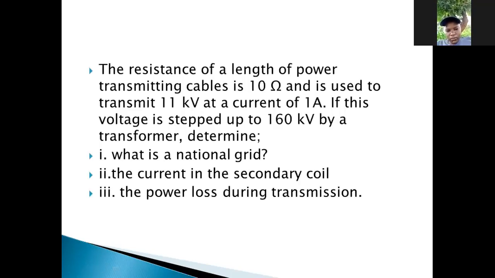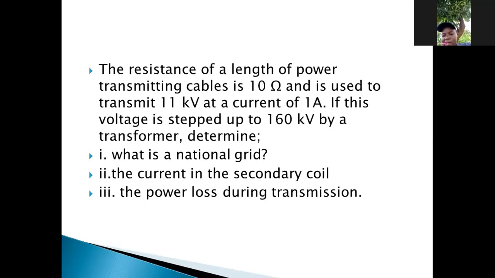So we have the current in the secondary coil. You can use V1, the current in the primary, is equal to the voltage in the secondary times the current in the secondary coil. You can see the voltage in the primary coil is 160 kV, multiplied by the current in the primary coil.